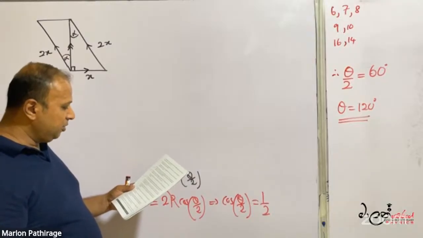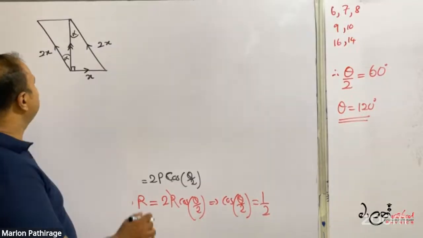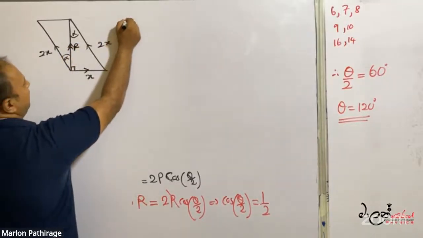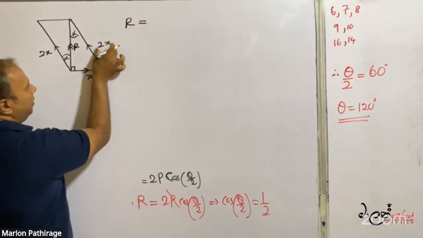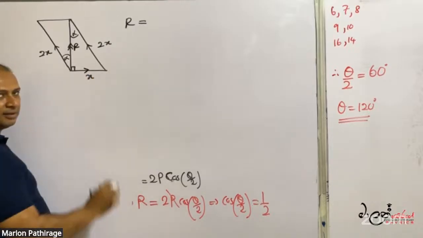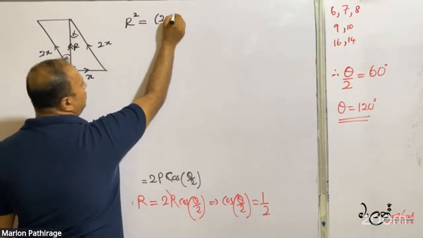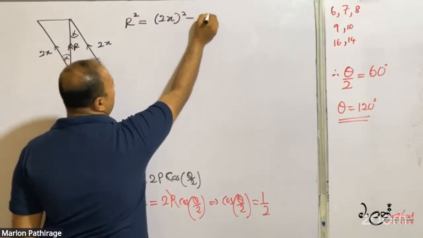Find the magnitude of the resultant force and the angle between them. Magnitude of resultant force: R squared is equal to (2x) squared minus x squared.